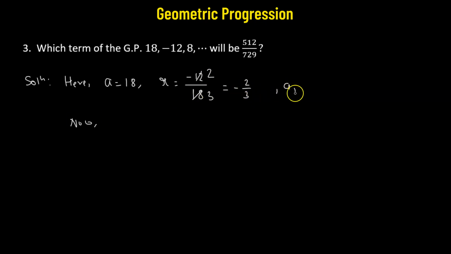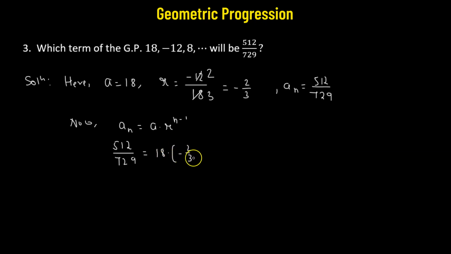Here the nth term is also given, and has a value of 512 divided by 729. Now we have the nth term equals a times r raised to the power of n minus 1, which gives us 512 divided by 729 equals 18 times negative 2 over 3 raised to the power of n minus 1. Now we'll divide both sides by 18.